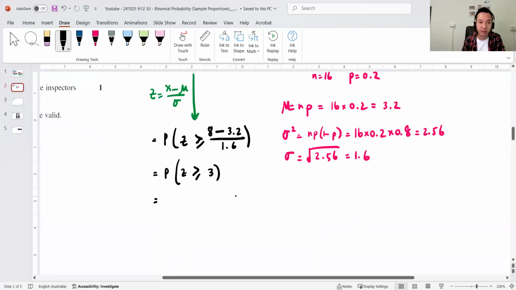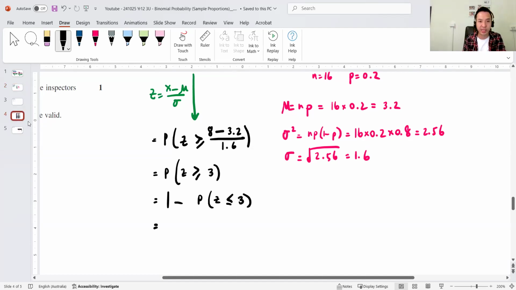But before I do that, to do greater than, it's 1 minus the probability of less than. In this case, the equal sign really is irrelevant. Technically speaking, I should have done greater than only, but because less than or equal to is what the table tells you. But in this question and in Year 3 maths in general, greater than or equal and less than or equal are the same thing. You don't need to worry about the overlap in the equal sign. Now, less than or equal to 3.